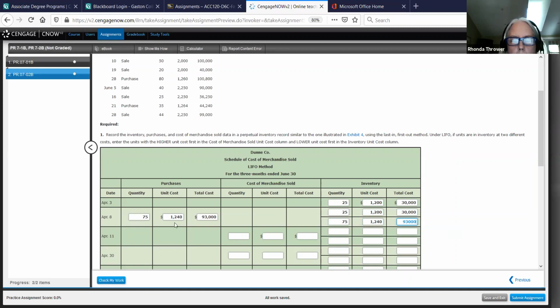So now, because of the April 8th transaction, we have two layers of inventory. One where we have 25 units at $1,200 a piece, and one where we have 75 units at $1,240 a piece.